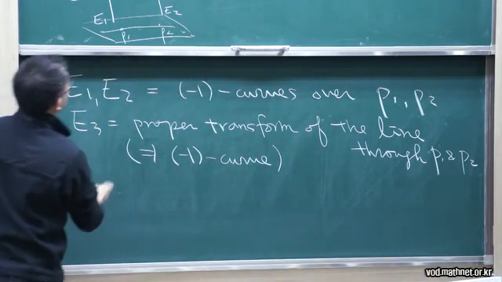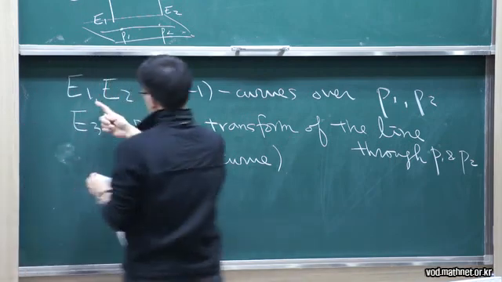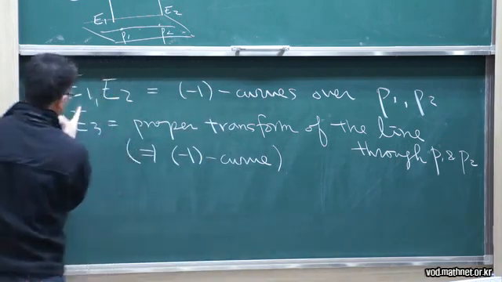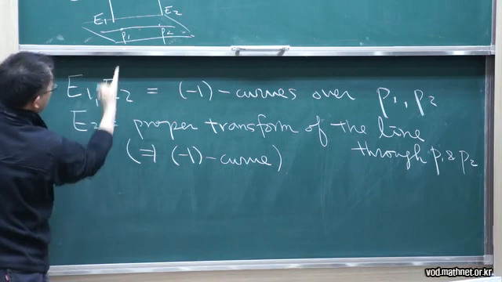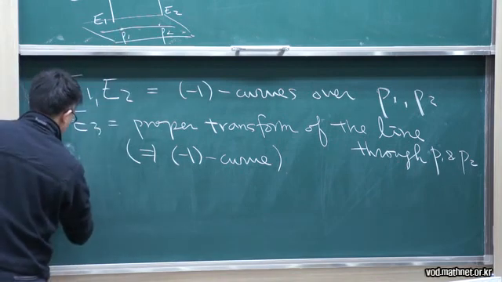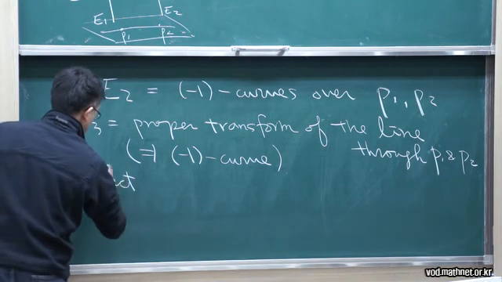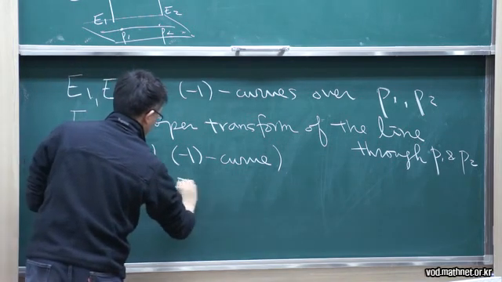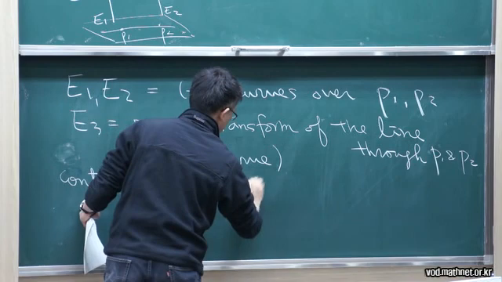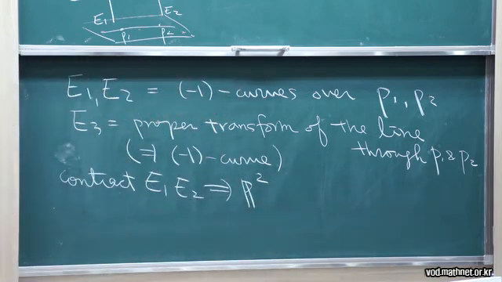It's easy to check. So now, if you contract E1 and E2, then you get P2. You recover the original surface.